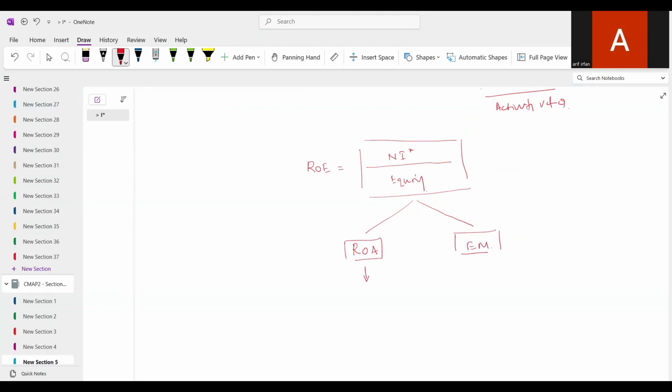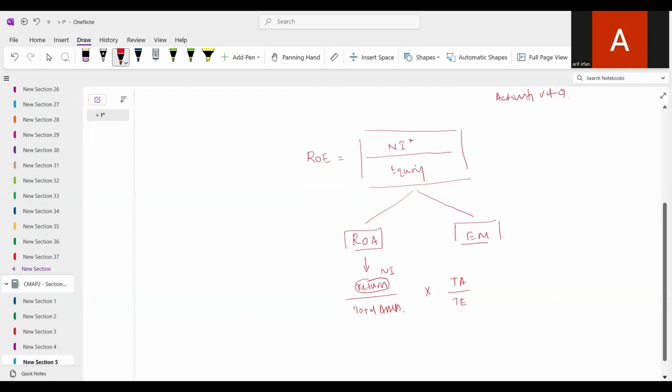Return on asset is nothing but return by total assets. And equity multiplier is nothing but total assets by total equity. Here the return is net income.